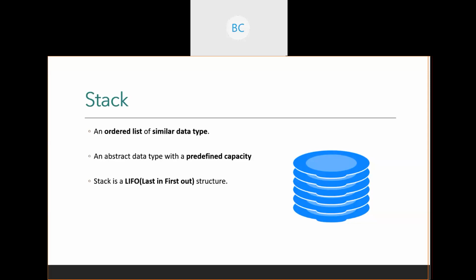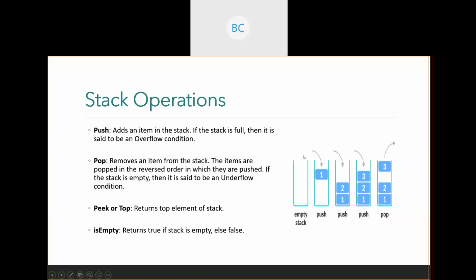Okay, so stack is simply the last in, first out data structure. Next, there are certain operations you can do in stack. If you remember, these types of data structures are known as non-primitive data structures, that means these are derived data types.